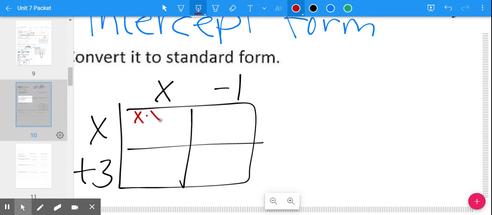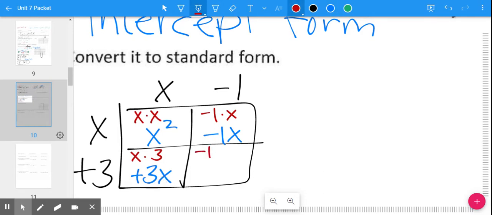Top left box, x times x is x squared. Top right box is negative 1 times x, which is negative 1x. Bottom left is x times 3, which is a positive 3x. And the last one is where negative 1 and positive 3 come together.